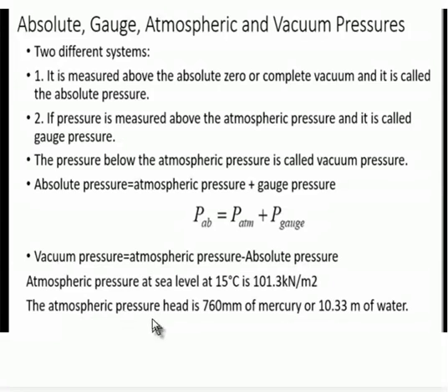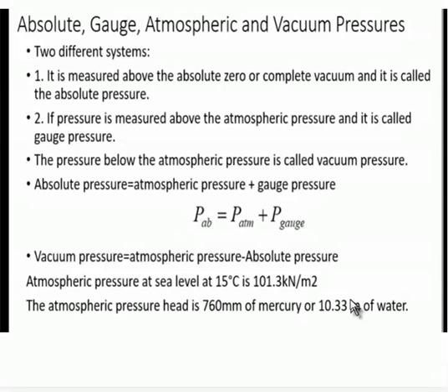The atmospheric pressure head is 760 mm of mercury, or we can say 10.33 meter of water. The atmospheric pressure is measured in two ways, with respect to the mercury level and with respect to the water.